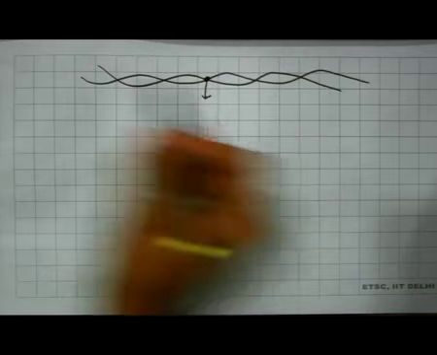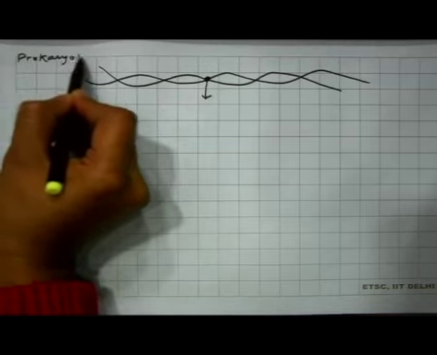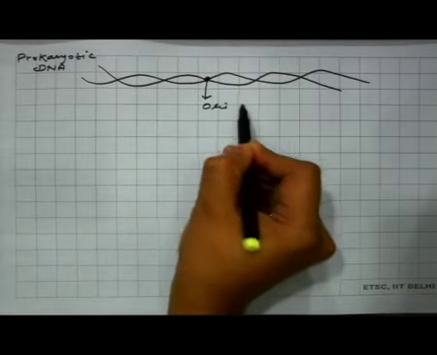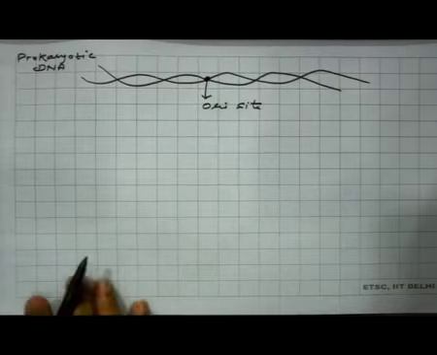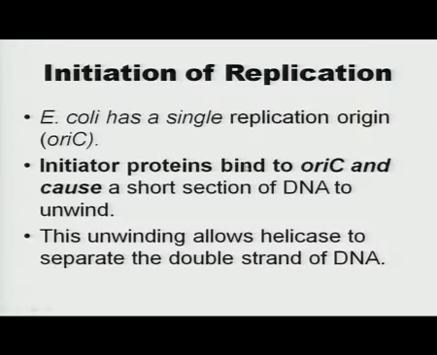Suppose it is a prokaryotic DNA, and here we have the origin. Now, at this origin one of the initiator proteins will bind and it will help to unwind a short section of DNA, and then this short section of DNA will be unwound further by the helicase enzyme.